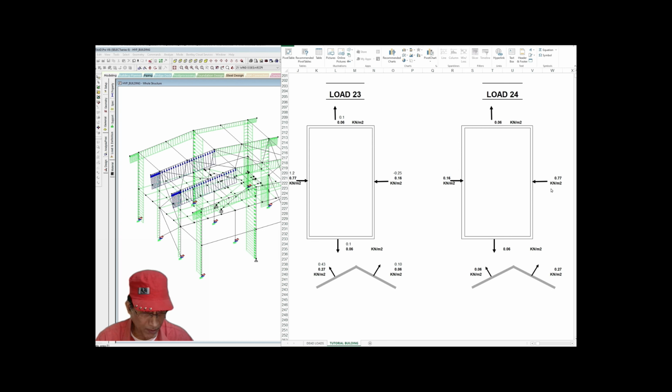See, the 0.77 has gone on wall B, its direction is opposite to 0.77 on wall A, but it has the same direction as it was in load number 23. So the greater force has gone on the side B and the smaller force has come on the side A. Similarly, the load on the rafter has also changed sides.